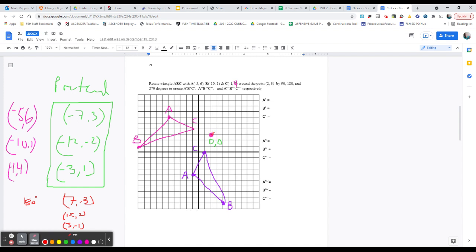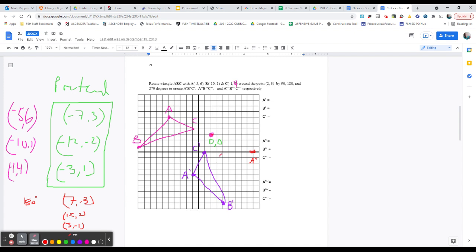Okay, so we go 1, 2, 3, 4, 5, 6, 7, 7, -3, which will be right here. Okay, that's our A double prime. Really, I should have made that A prime, C prime, B prime.